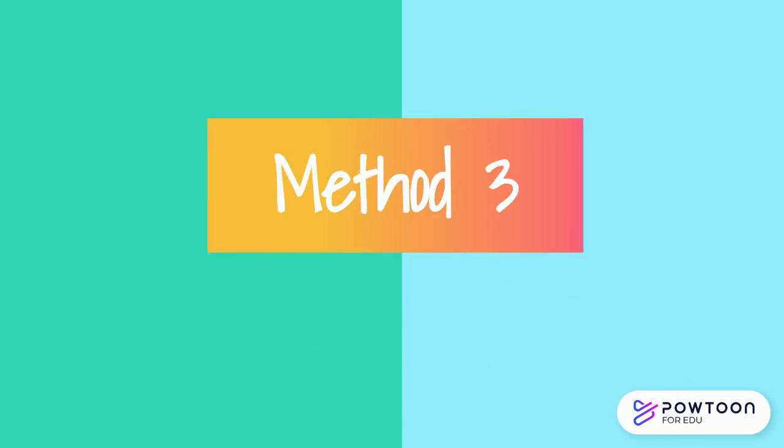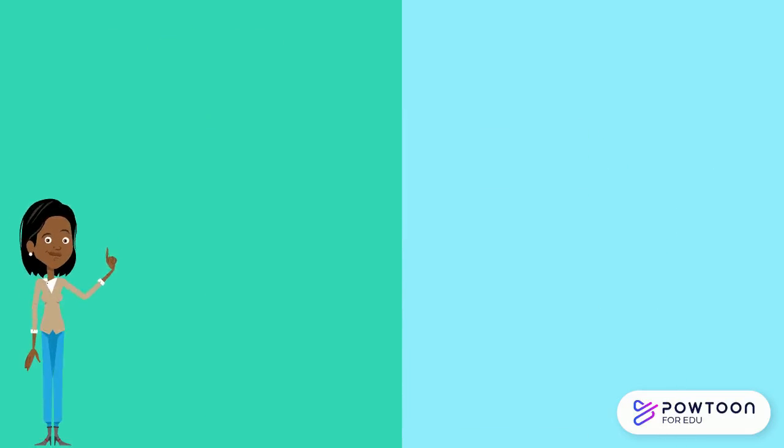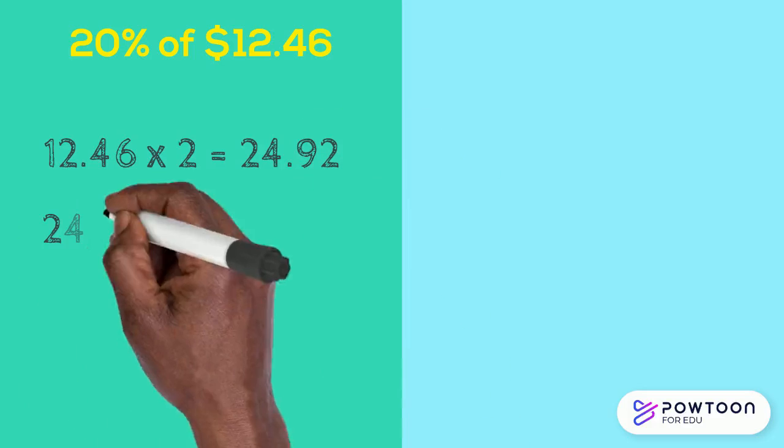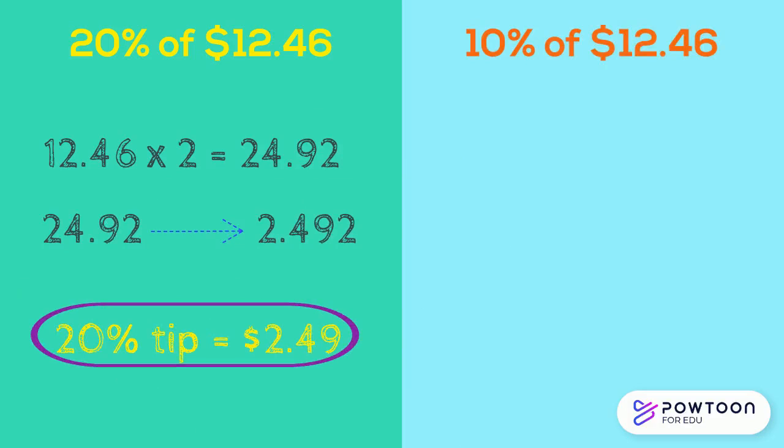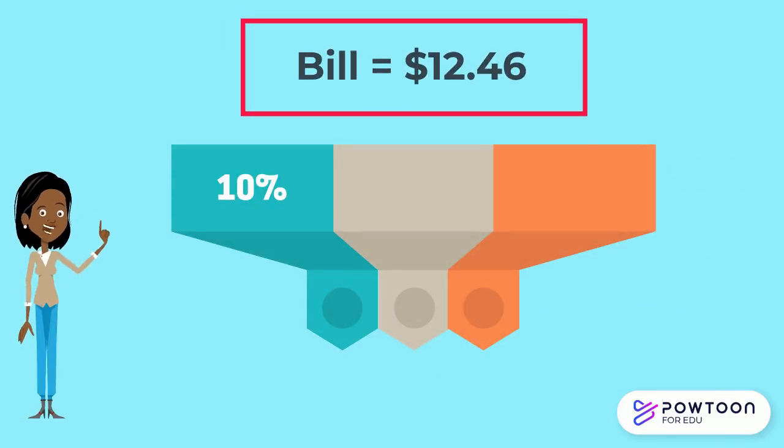Method 3. You already learned earlier that to find 20% of a number, all you have to do is multiply the number by 2, then move the decimal once to the left. If you want to find 10% of a number, you can skip the multiplying step and just move the decimal once to the left. 10% of $12.46 is approximately $1.25.